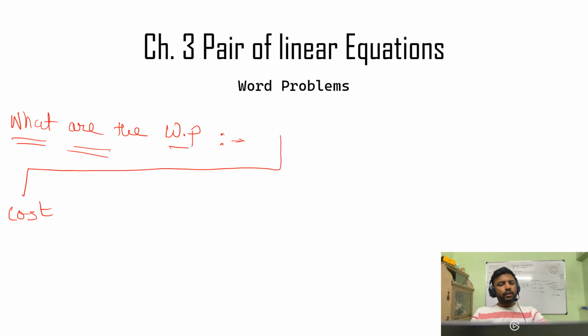Like we are given two pieces of information at a time, and we have to convert that information into equations, and then we have to solve those equations, because we are dealing with a pair of linear equations. In this chapter, how many equations are there? Two. Okay, because pair of linear equations, as the name suggests, here we will deal with two equations, and both equations will be linear.